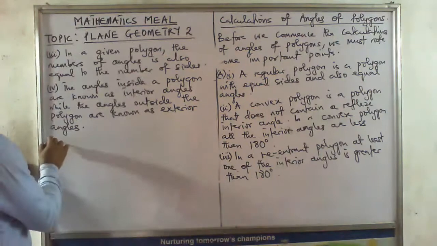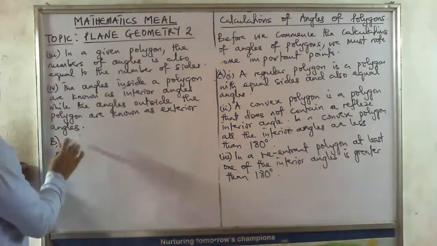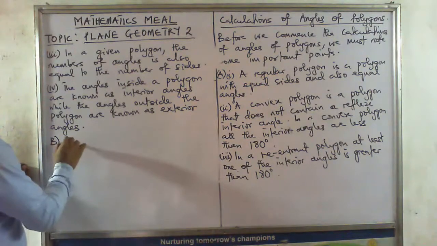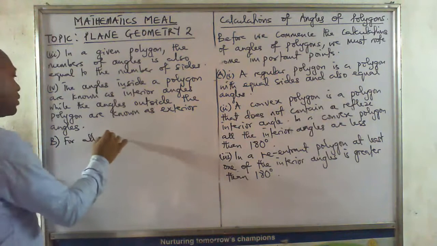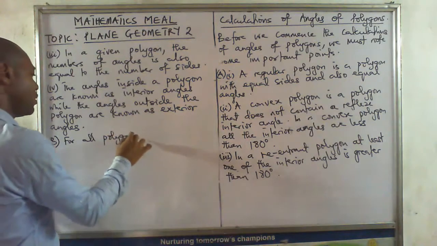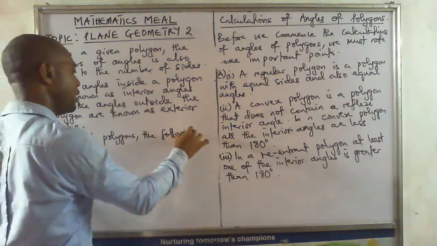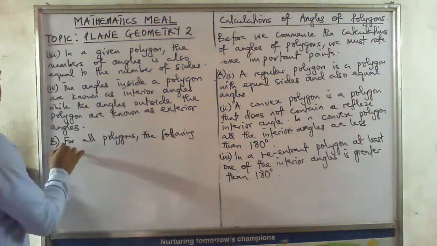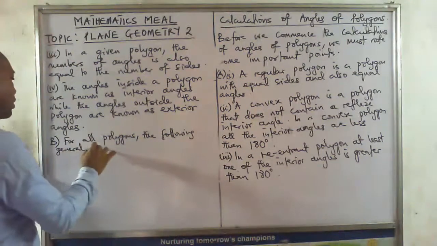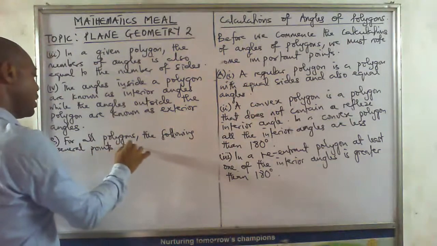Then we move to B. For all polygons, the following general points exist.